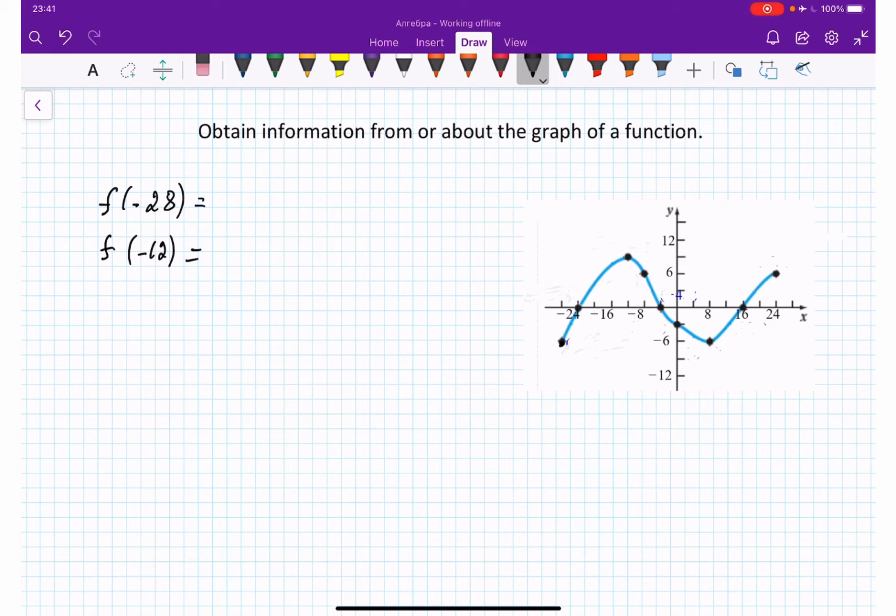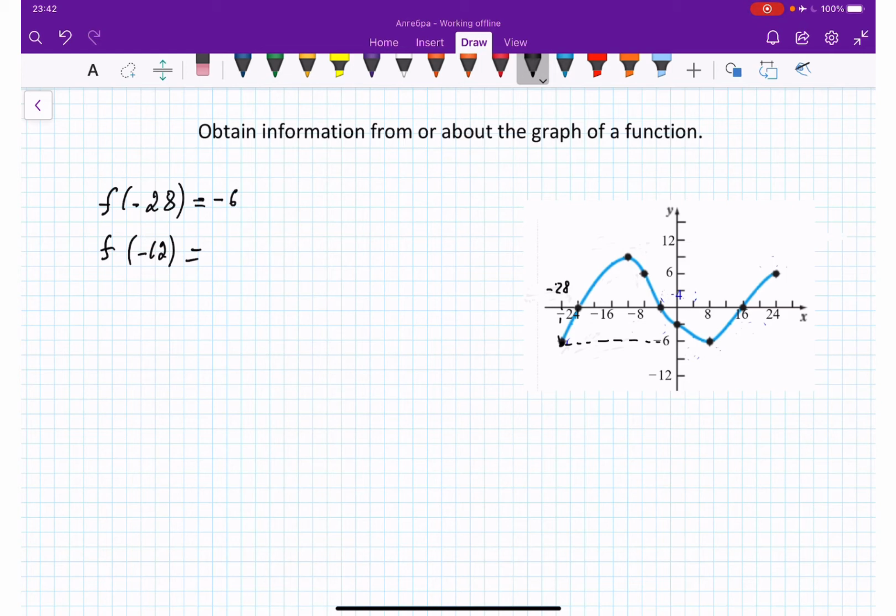Looks like it's going to be 16, 20, 24, then this is going to be 28, right? So this is negative 28, and this is coming negative 6. So it's going to be negative 6.